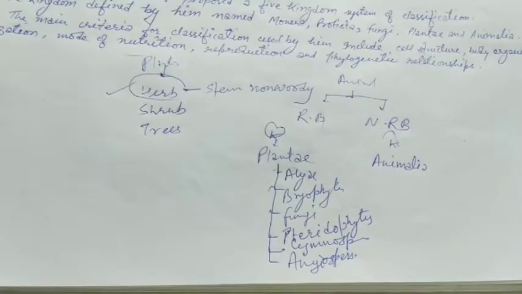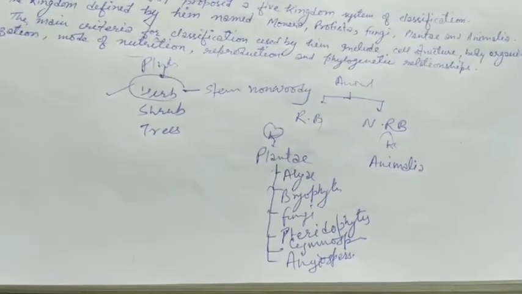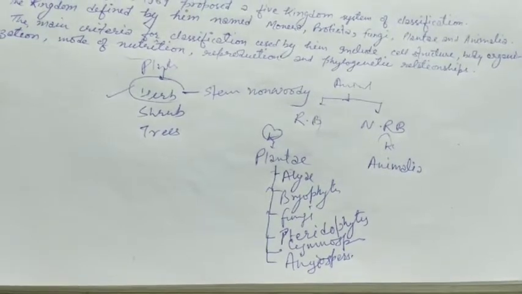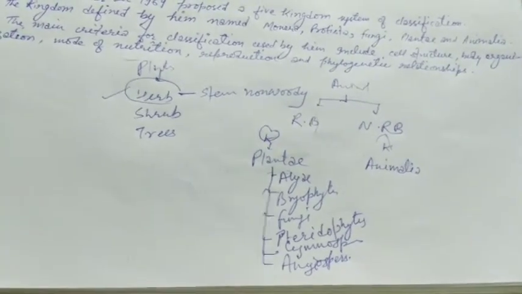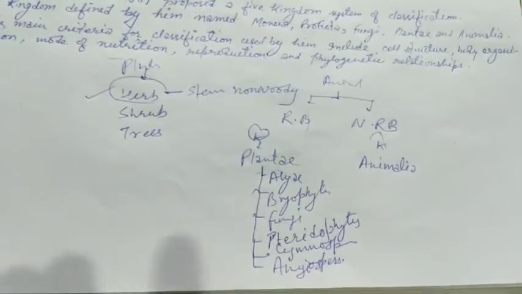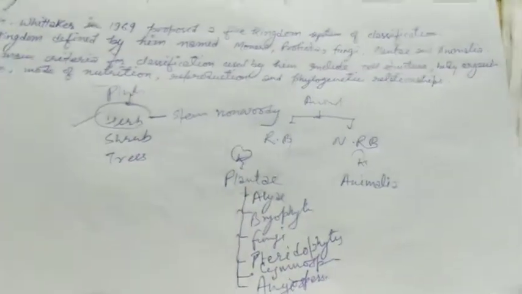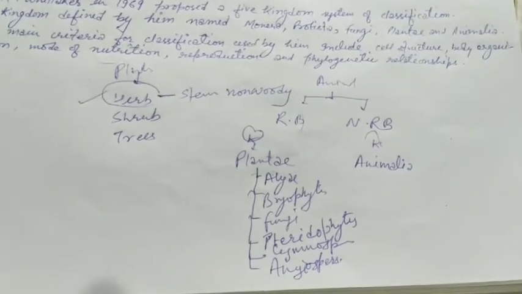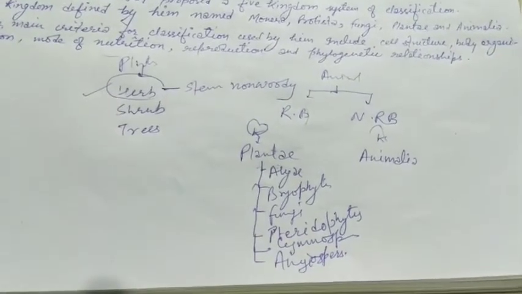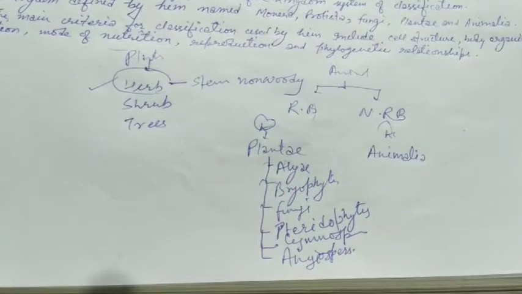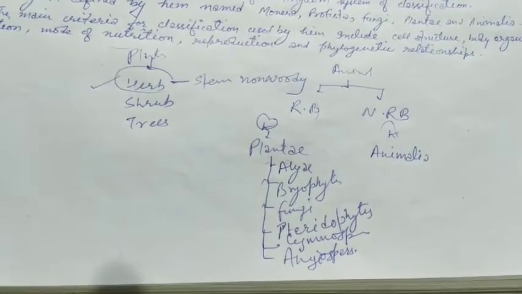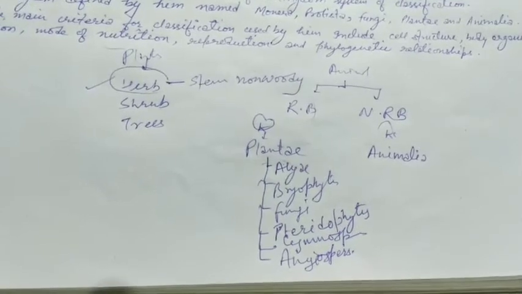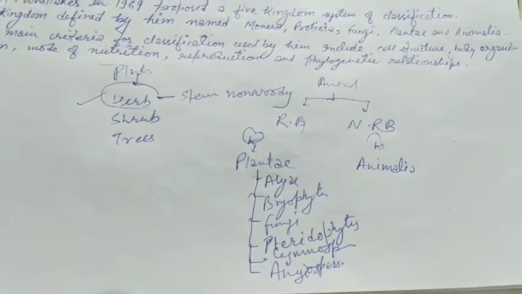This system did not distinguish between eukaryotic cells and prokaryotic cells, or eukaryotic organisms and prokaryotic organisms, unicellular organisms and multicellular organisms, photosynthetic organisms and non-photosynthetic organisms. It was easily done and very easy to understand also.